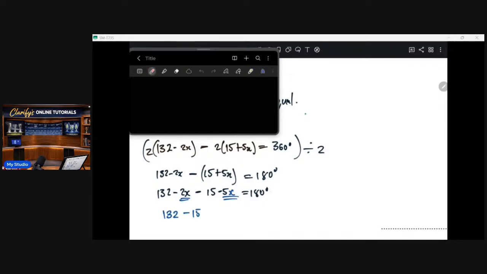Then you take 2x and 5x. This is equal to 2x plus 5x. Can you see it? This is now going to be 2x plus the negative 5x, which will now become a 5x.